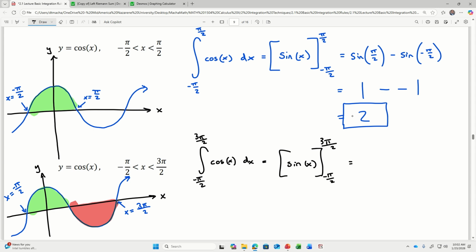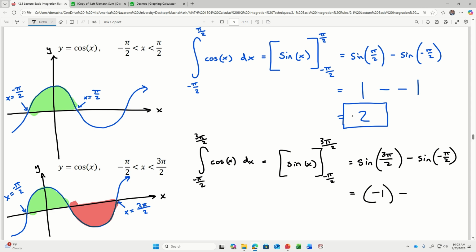So whenever I plug in the upper bound and plug in the lower bound, I'm going to get sine of 3 pi over 2 minus sine of negative pi over 2. And what is the sine of 3 pi over 2? Negative 1.